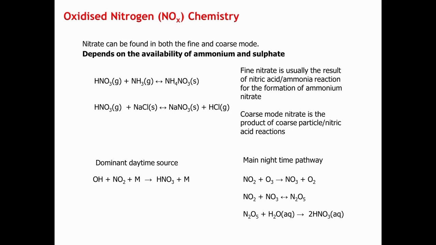Nitric acid plus sodium chloride, if it meets sea salt, can form sodium nitrate plus HCl. Is HCl more or less likely to form aerosol than nitric acid? Yeah, it is more volatile. Okay, so if nitric acid meets sea salt, it'll react with it and kick out hydrochloric acid.